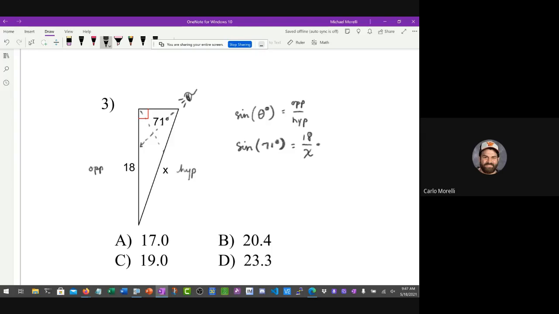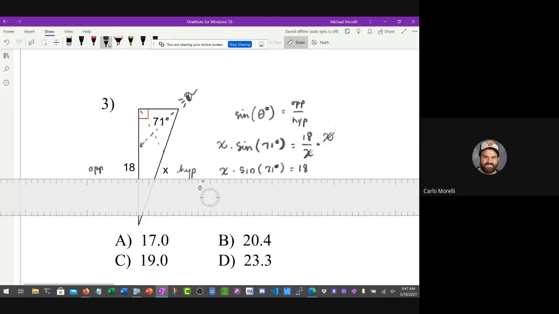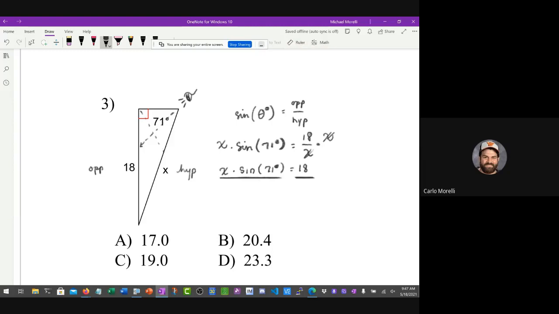The first thing we're going to do is multiply both sides by x. So now I have x times the sine of 71 degrees equals 18, because these x's cancel. And now to get x by itself, I have to divide both sides by the sine of 71 degrees. You treat it like it's a variable.